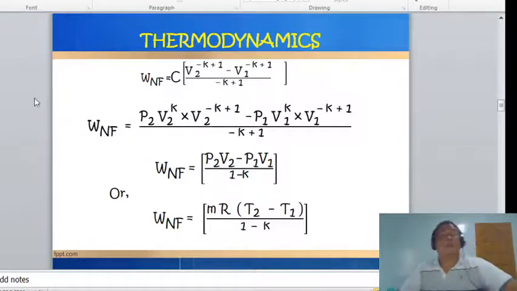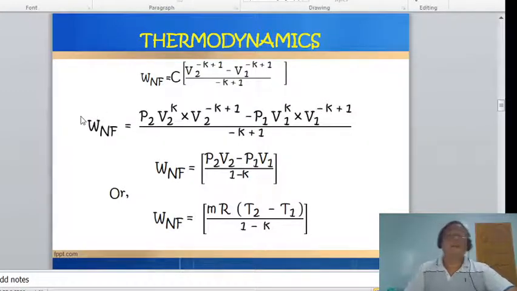So, again, multiplying b sub 2 raised to k plus 1 by b sub 2 raised to negative k plus 1, the result is b sub 2 raised to 1. We do not write the exponent 1. Therefore, the work non-flow is equal to p sub 2 b sub 2 minus p sub 1 b sub 1 over 1 minus k.